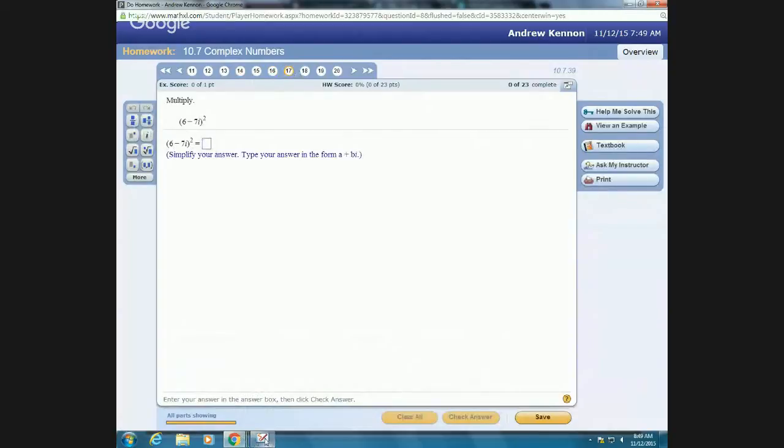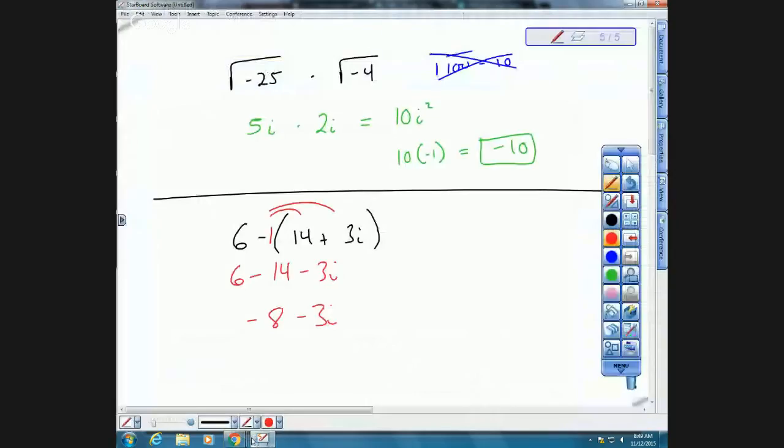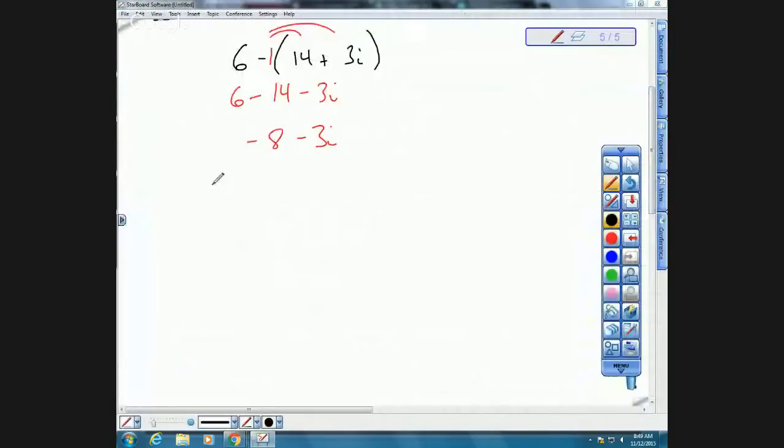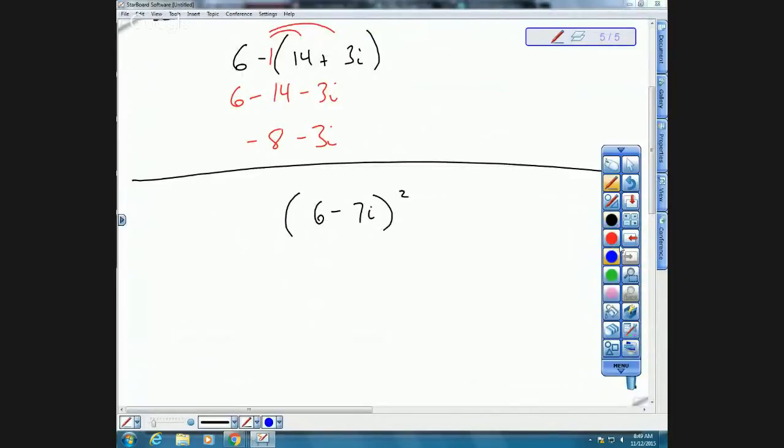What about that one? 6 minus 7i squared. What do you do on that one? You're going to end up foiling it because you have to do 6 minus 7i times itself twice. 6 minus 7i times 6 minus 7i.